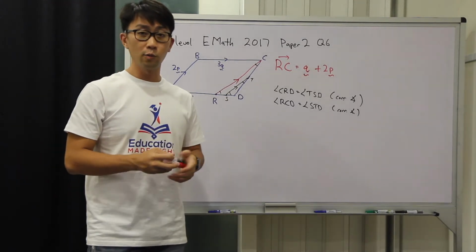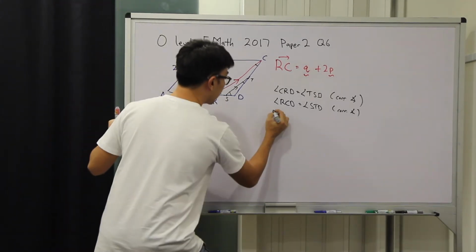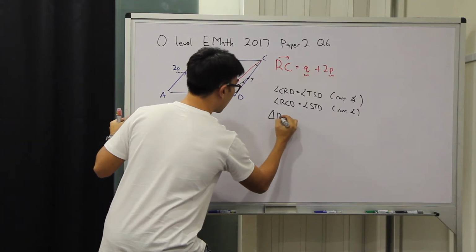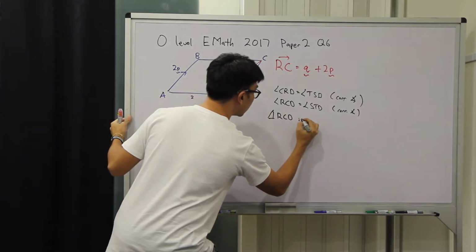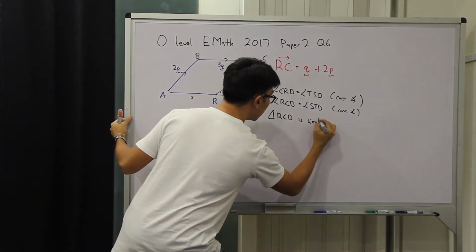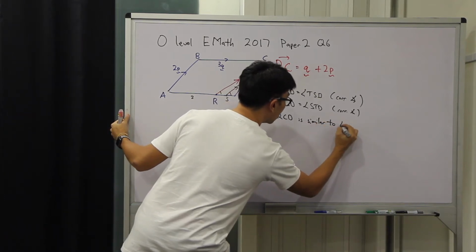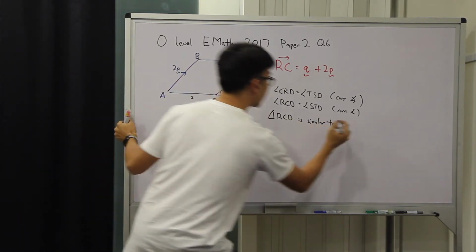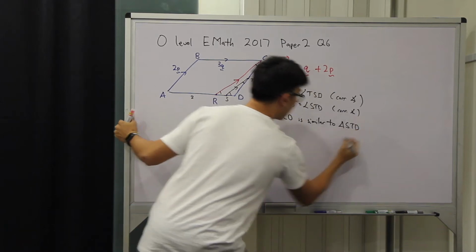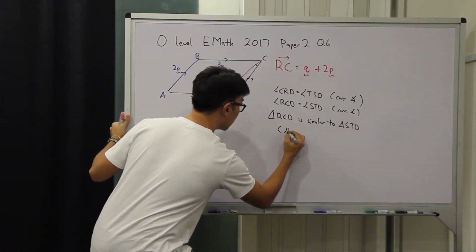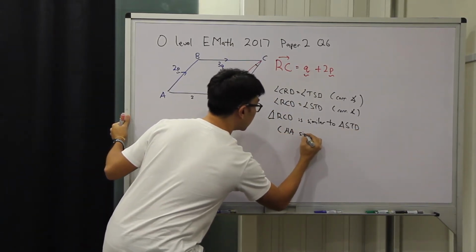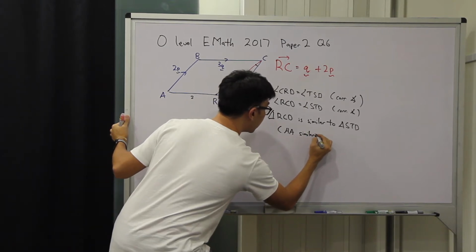And so here we can say that triangle RCD is similar to triangle STD based on AA similarity.